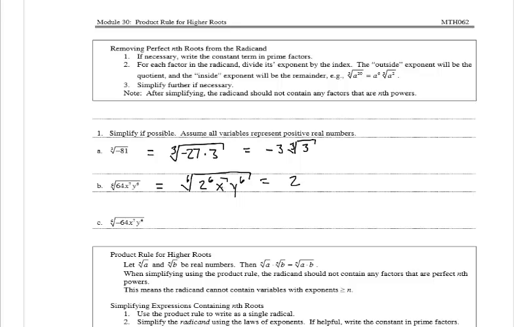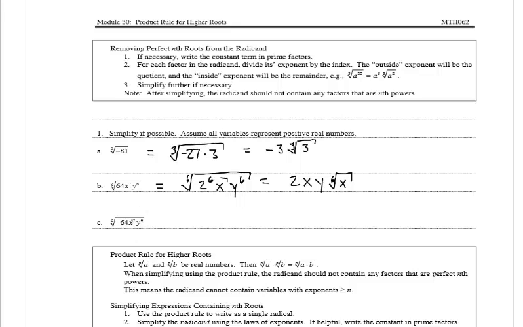And the sixth root of x to the 7th is going to be 1 x on the outside, and then 1 x still inside the radical, because 7 divided by 6 is 1 with a remainder of 1. And then we have the sixth root of y to the 6th, which is y. So we end up with 2xy times the sixth root of x.